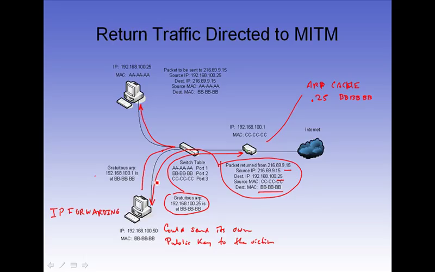So the victim thinks he's communicating with the destination website, when in fact the man in the middle is looking at the traffic each way, and while it's on his computer, the attacker gets to see unencrypted information and can recover such things as bank passwords, account numbers, all kinds of interesting information.